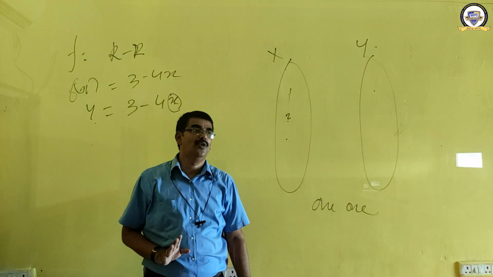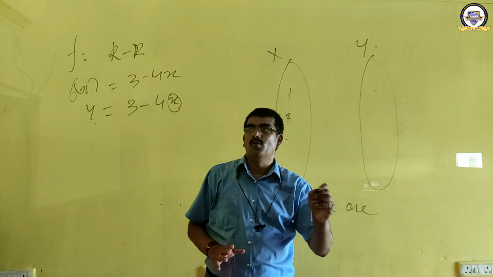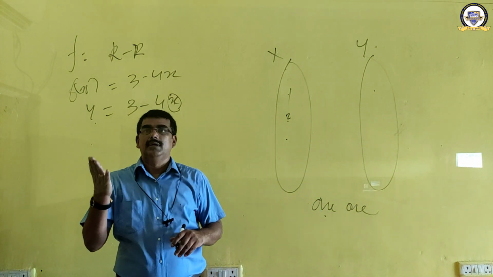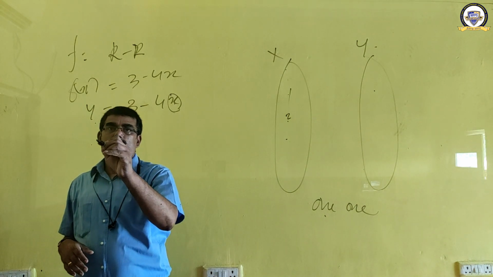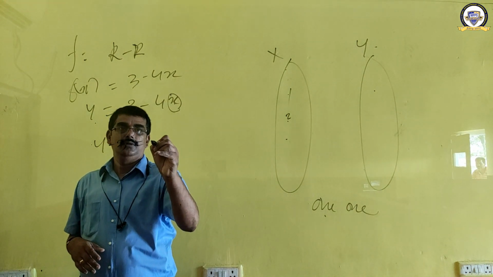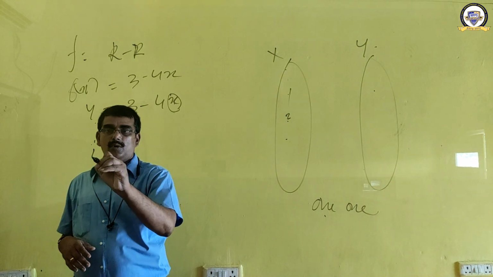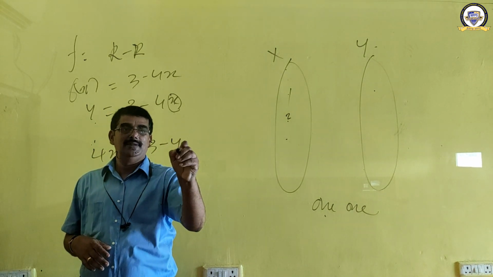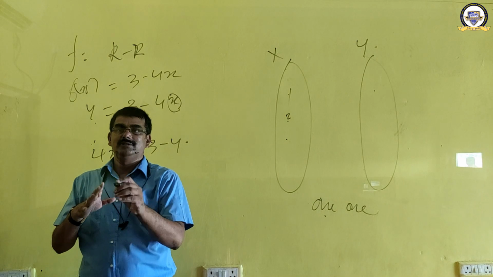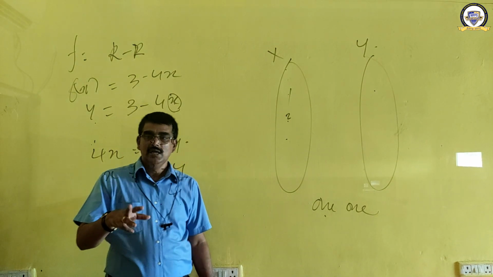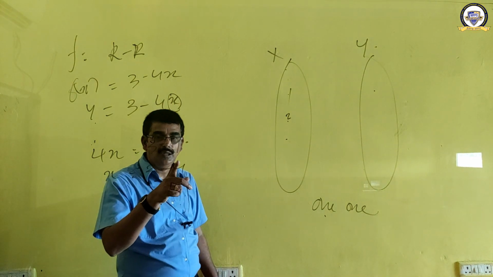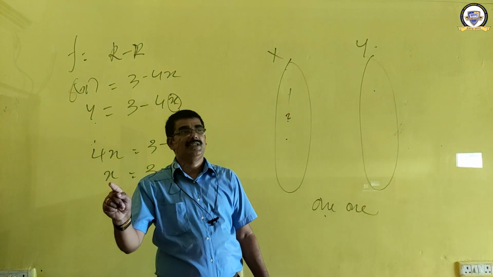And in the opposite case also, y minus 3 is equal to minus 4x, so 4x is equal to 3 minus y. Exchange this: x is equal to (3 minus y) divided by 4. Here also, whenever you give a value of y, you will get the corresponding x.